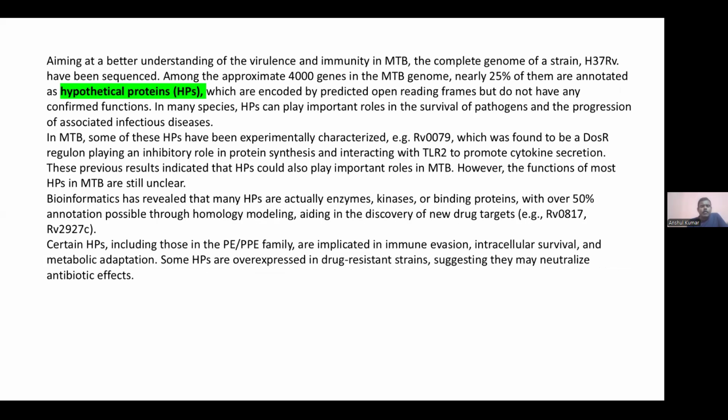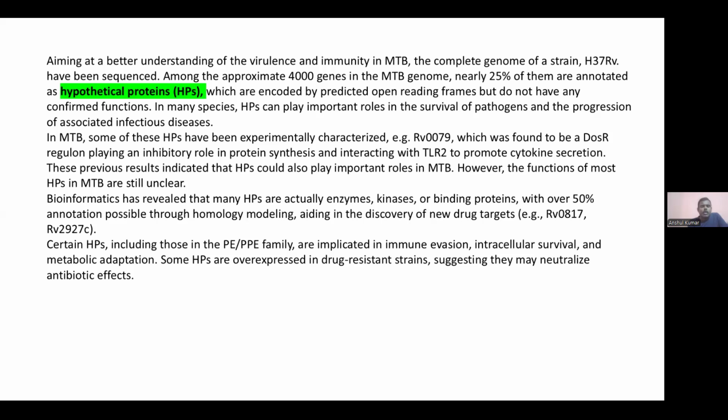Among the approximately 4,000 genes in the MTB genome, nearly 25% of them are annotated as hypothetical proteins. So 25%, after studying them, have been termed hypothetical proteins, which are encoded by predicted open reading frames but do not have any confirmed functions.